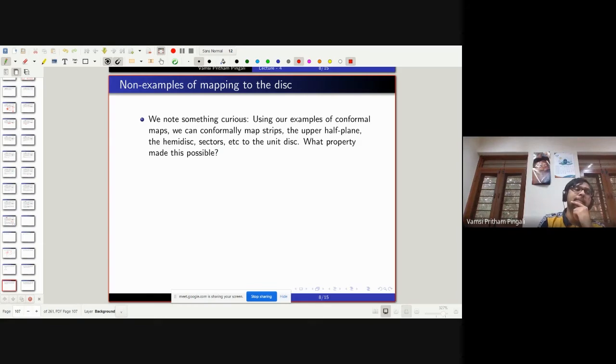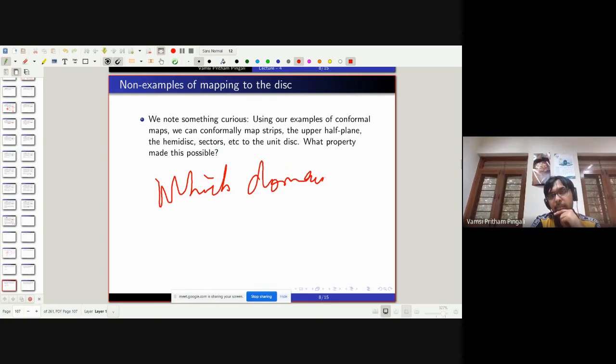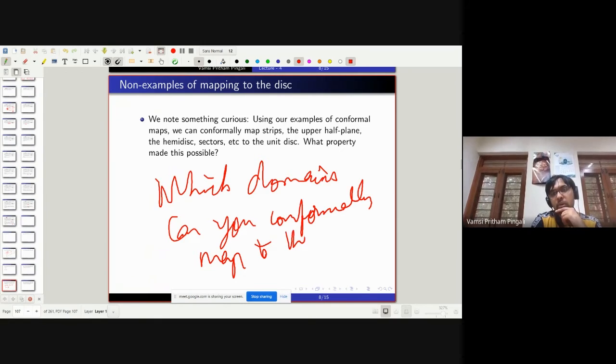In other words, which domains can you conformally map to the unit disk? Why do we care about this question? What is one reason to care about this question?